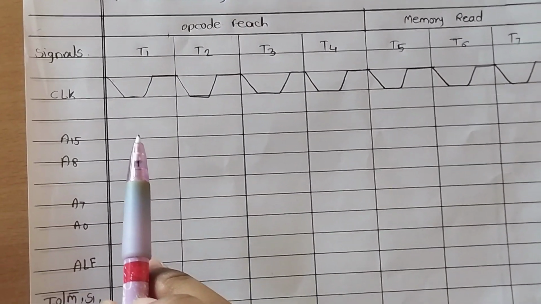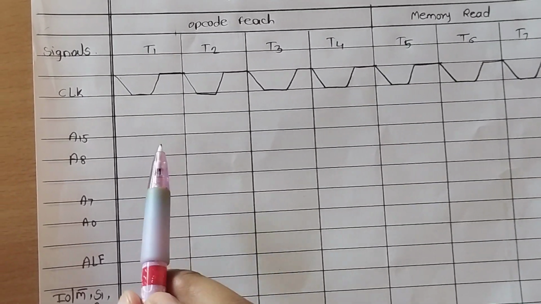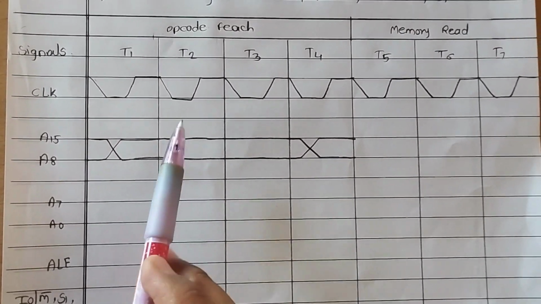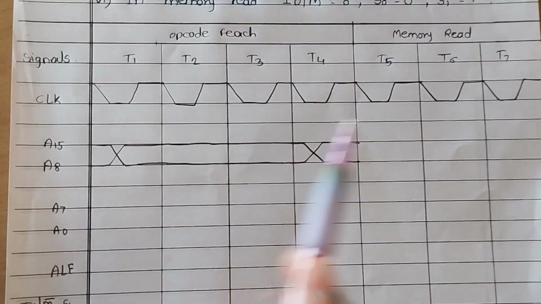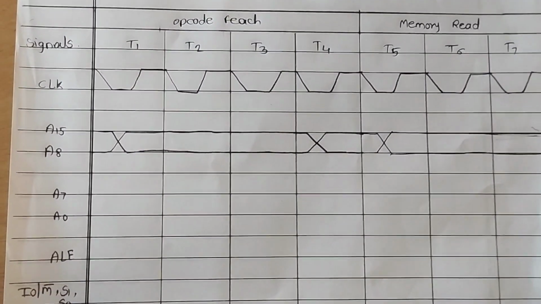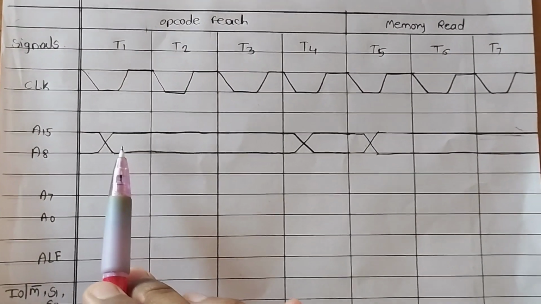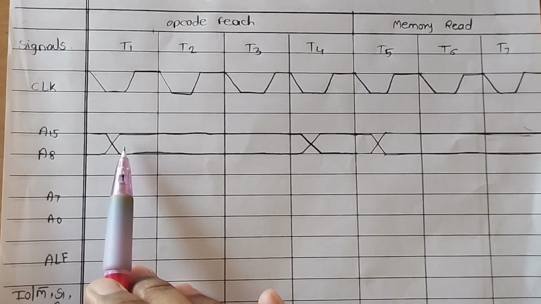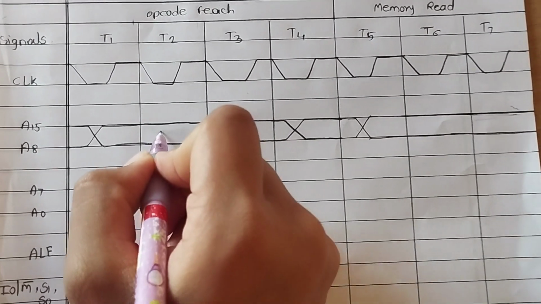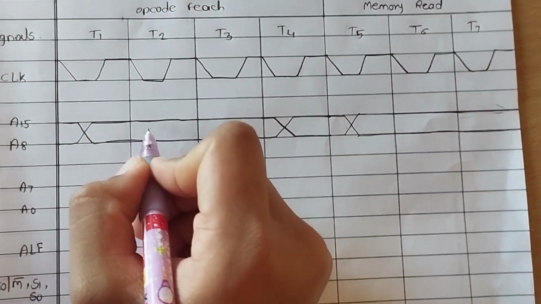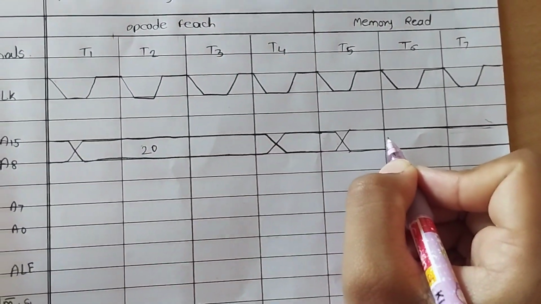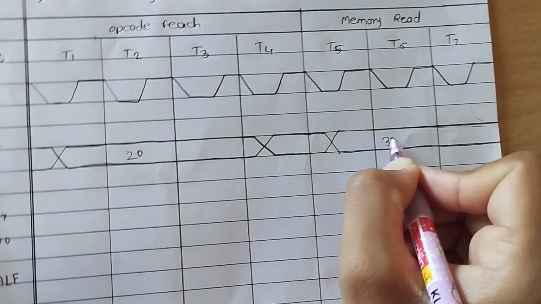Now we draw the higher-order address. We draw this signal for our opcode fetch and next we draw it for the memory read. We write here the higher-order byte of our address, which is first 20 and next is 30.